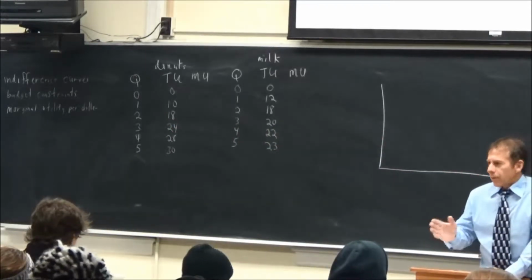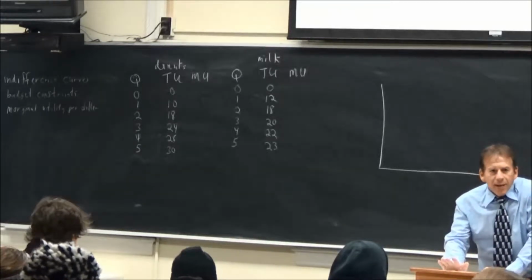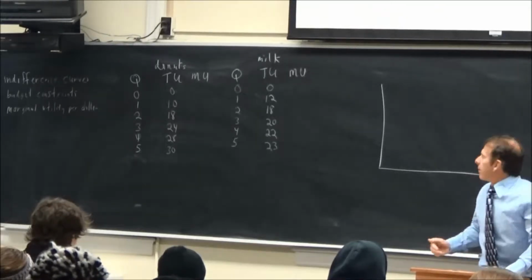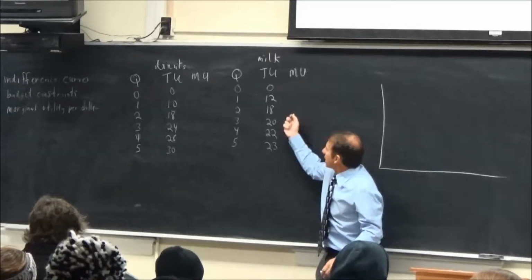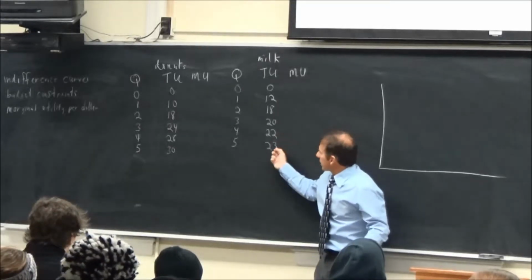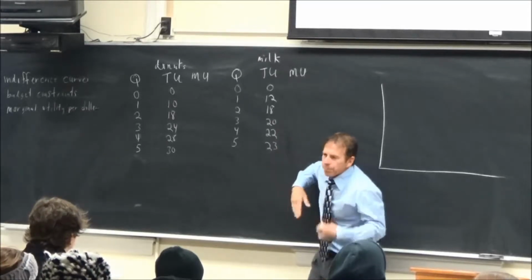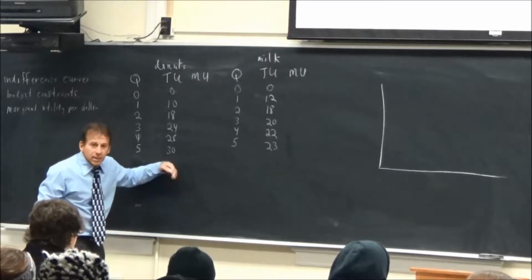So it doesn't matter. But in this case, this other person's good that they're consuming is milk, and with milk they get 12 units of utility out of the first glass, and then 18, and then 20, et cetera. In this type of analysis everything's going up, so I don't go to the point where they actually go negative, but you could get negative utility.